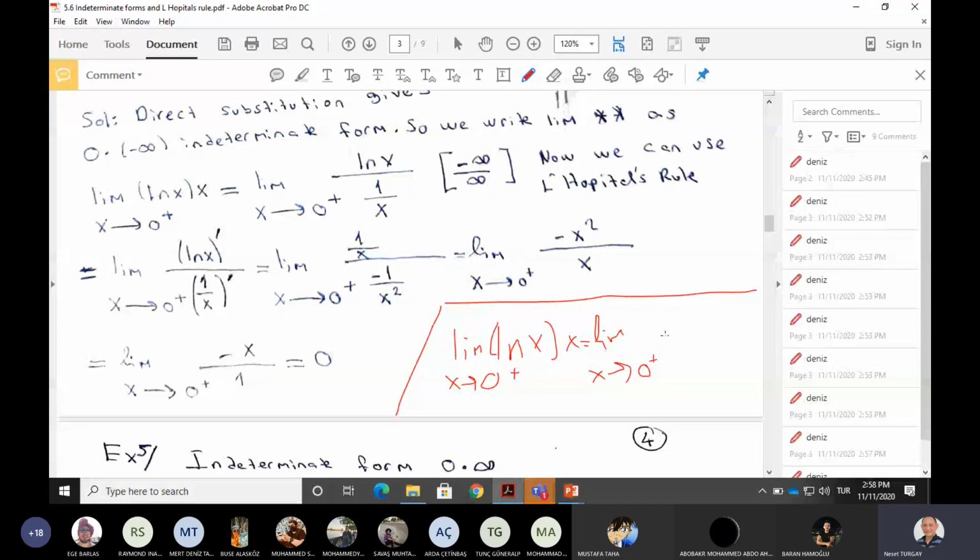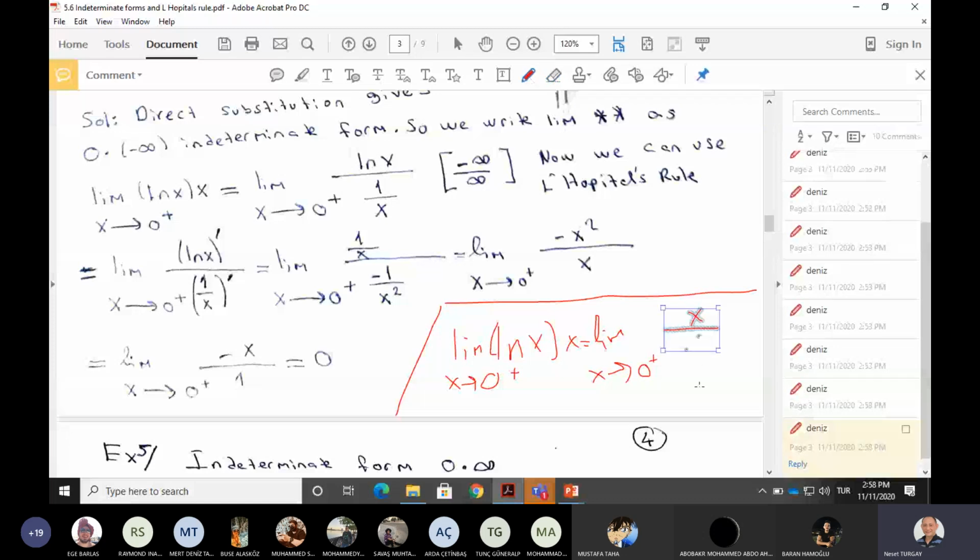So what is the other way? x over 1 over x. So you need to take the derivative of this, but then derivative of x is 1, but sorry, where is ln x? 1 over ln x I should write. I wrote it mistakenly. Okay, I am writing here. So x over 1 over ln x.